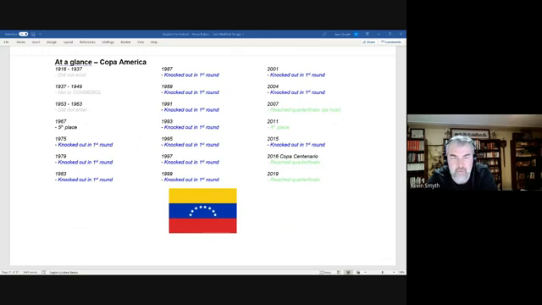Worse still, they didn't win a single game in Copa America tournament during that whole period from 1966 to 2004. And wow, it's incredible. And actually, that makes the fact that they went undefeated in 2007 very unexpected and quite remarkable, even if they were the host.